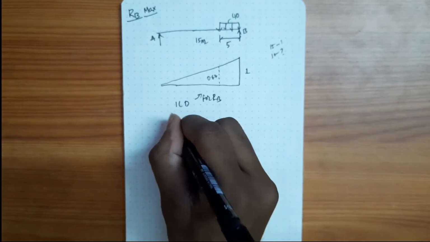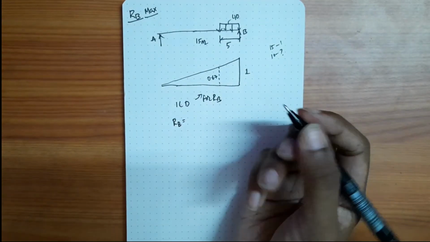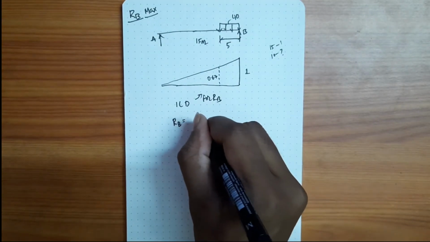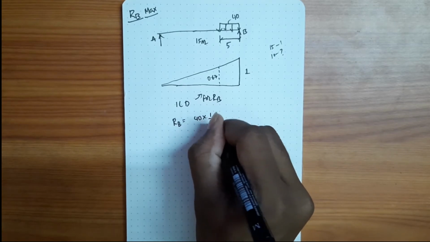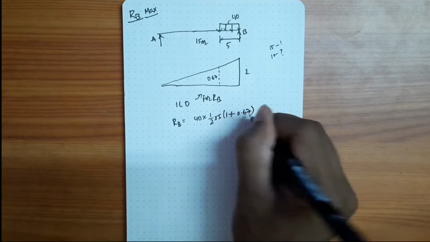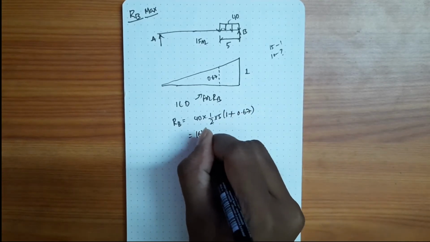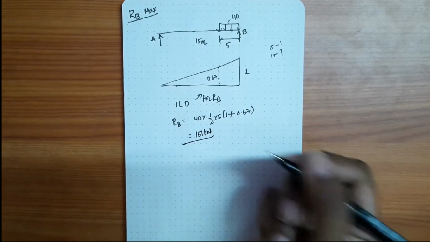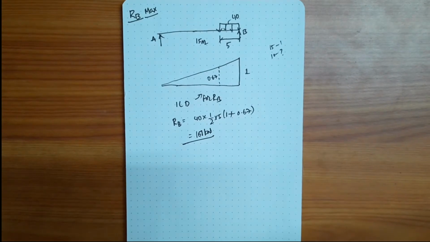Now maximum reaction at B is equal to 40 into half 5 into 1 plus 0.67, that is again equal to 167 kilonewton. Okay, this is how we are going to calculate RA and RB.